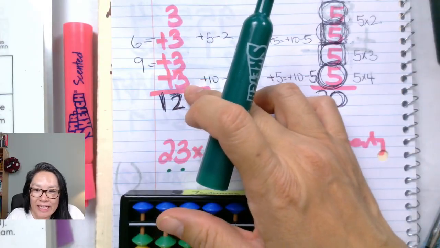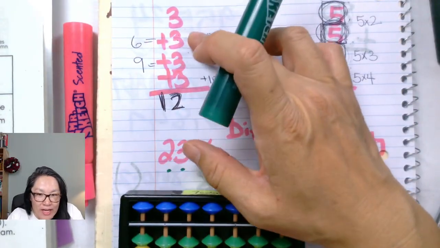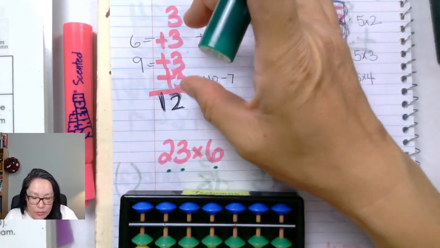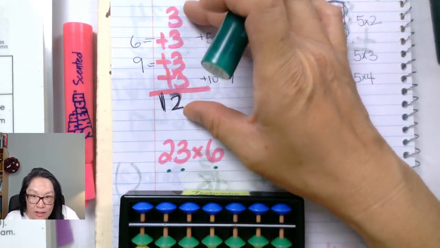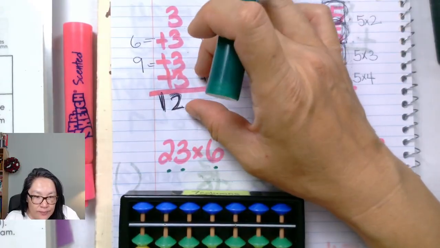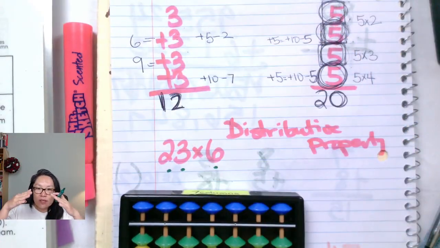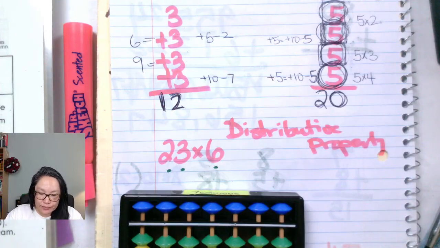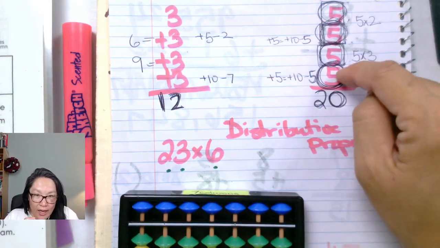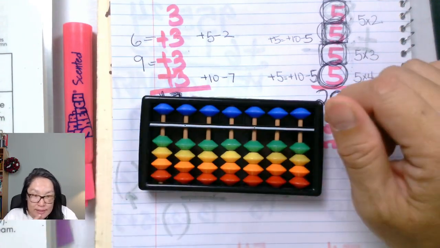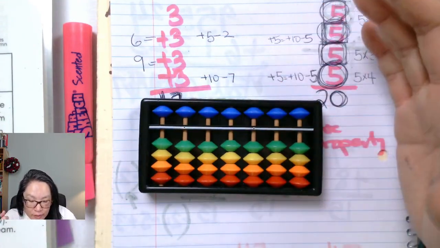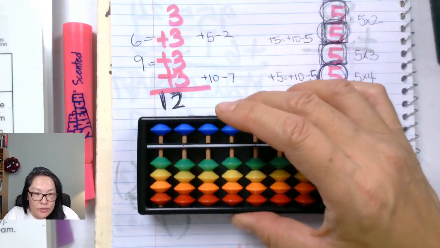They hated it. So they started to be like, you know what? This is taking too long. And they would start to see the patterns. So then what I would do is I would focus in what numbers resonate with you. I started with the 5 because it's easy to show on the Abacus. I did 3 because I wanted to stretch it out a little bit.